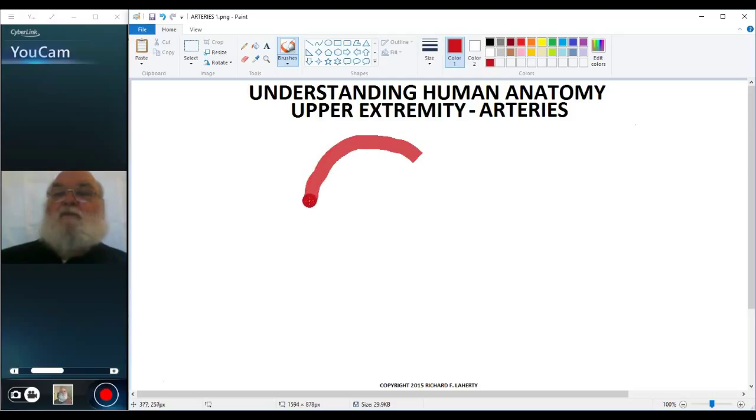The axillary artery then passes into the arm, crossing the inferior border of teres major, and then it becomes the brachial artery. So let me add some labels.